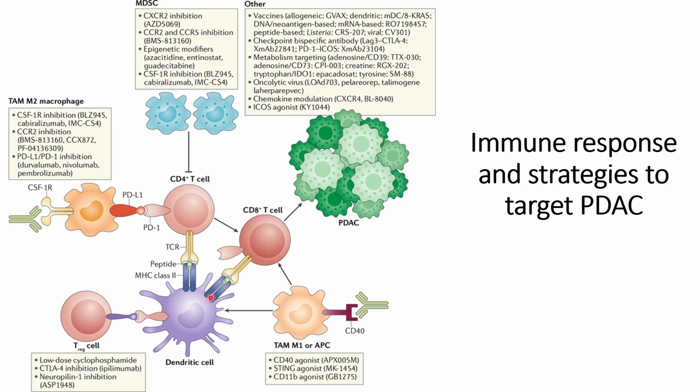These dendritic cells help in the development of antigen specific antibodies or CD8 plus T cells, which have a cytotoxic effect against the tumors that have that antigen information. Another strategy involves tumor associated macrophages, more specifically the M1 type macrophages that have tumor suppression properties. They also help in the development of CD8 plus T cells that can target the PDAC.